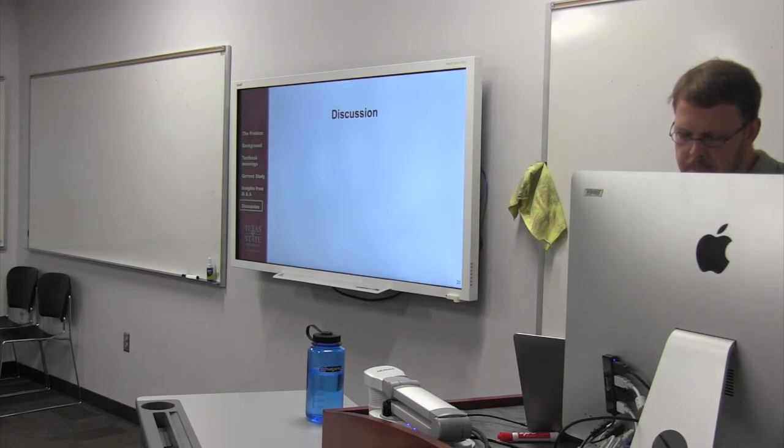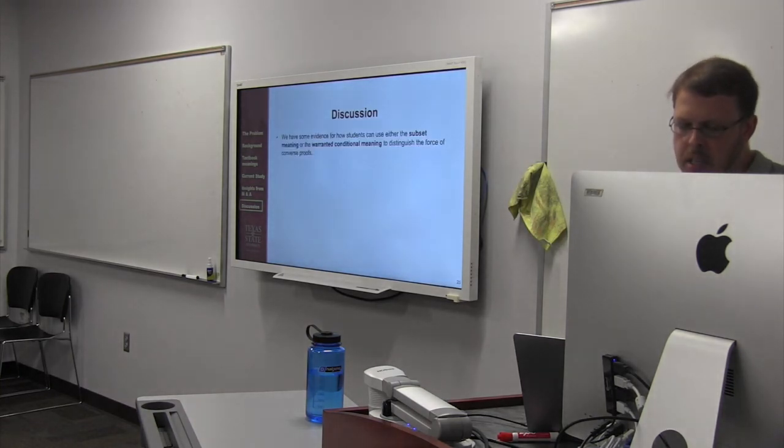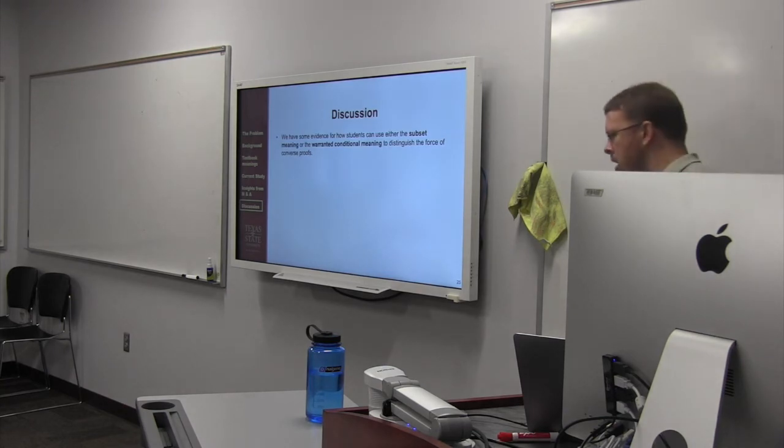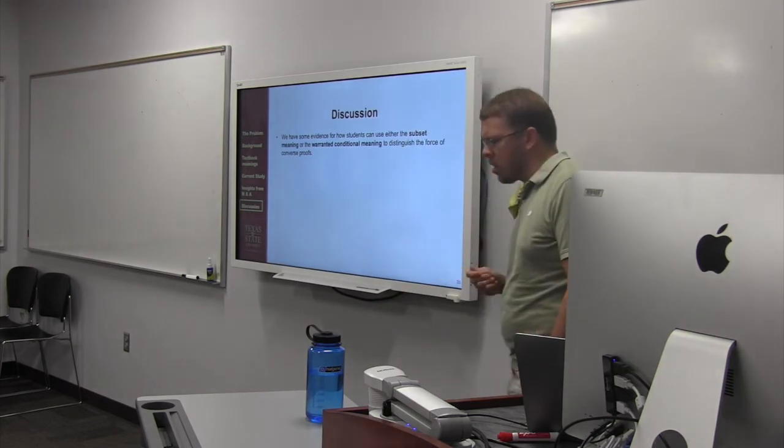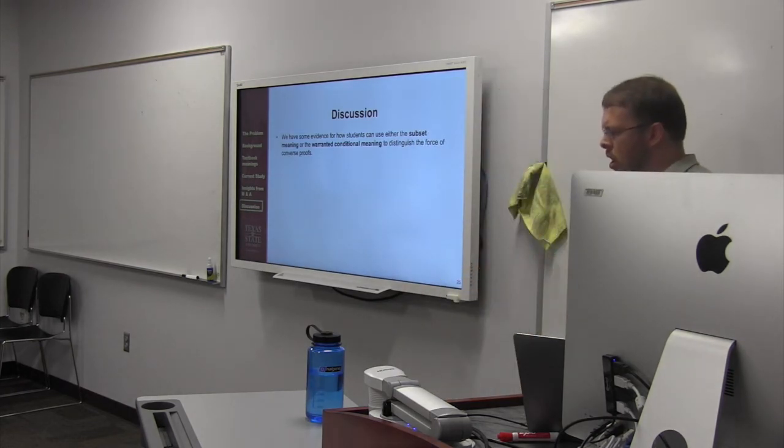Okay. So, discussion. I think I'm actually sort of on time here. So let's unpack a little bit of what I see in this data and where I think it reflects on at least laying the groundwork for the meanings that students draw upon in this context.